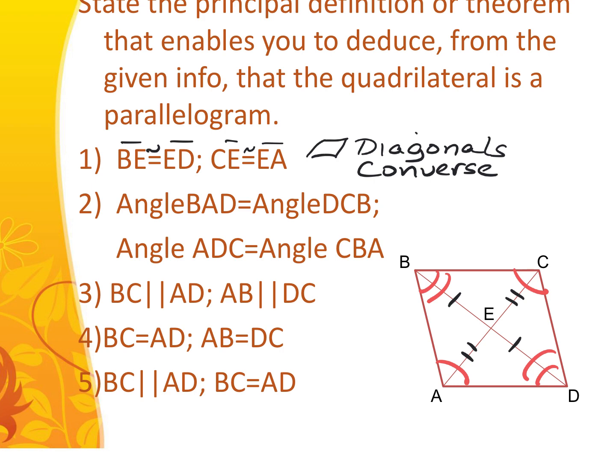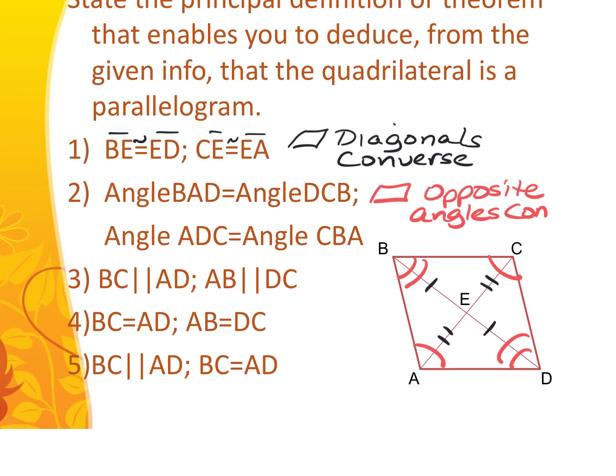So to show that ABCD would be a parallelogram, I'm going to use the parallelogram, opposite angles, converse, because I've just shown that both pairs of opposite angles are congruent.